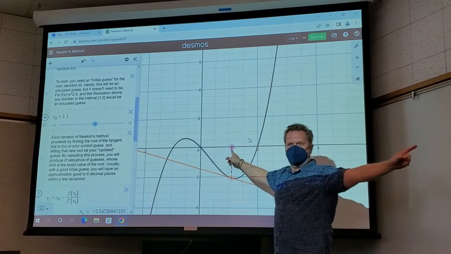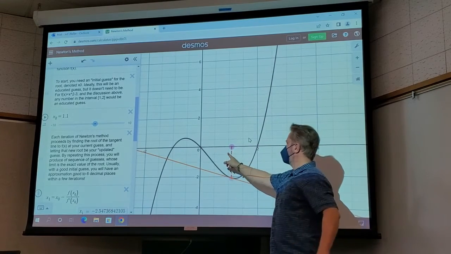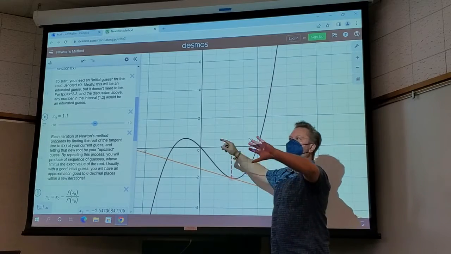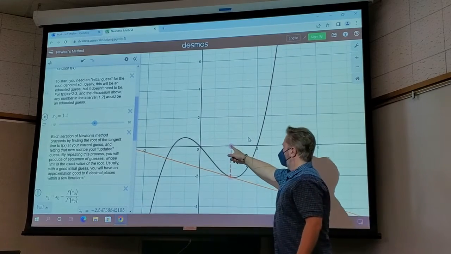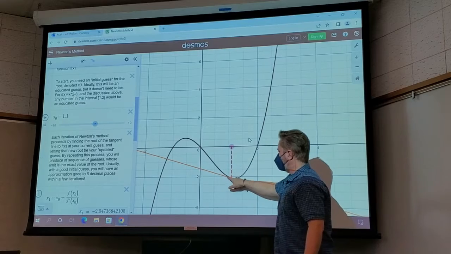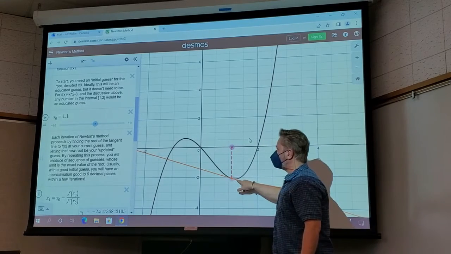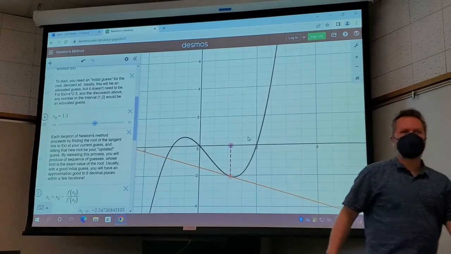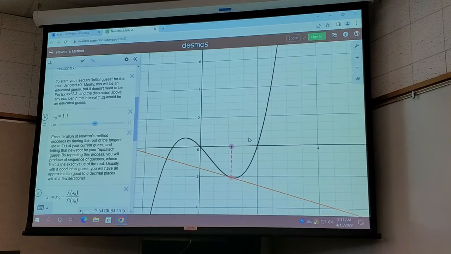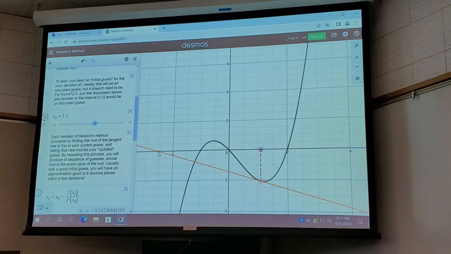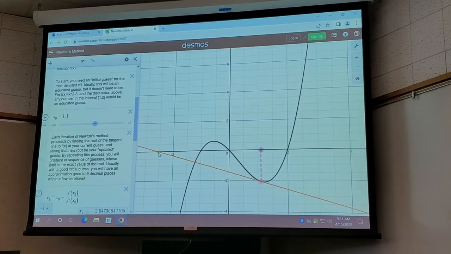We'll talk in a minute about how to get a decent first guess. So what's the process of Newton's method? Find a tangent line at that point, and then where's my second guess? It's off the screen, right? So my second guess is right there, and that is bad.